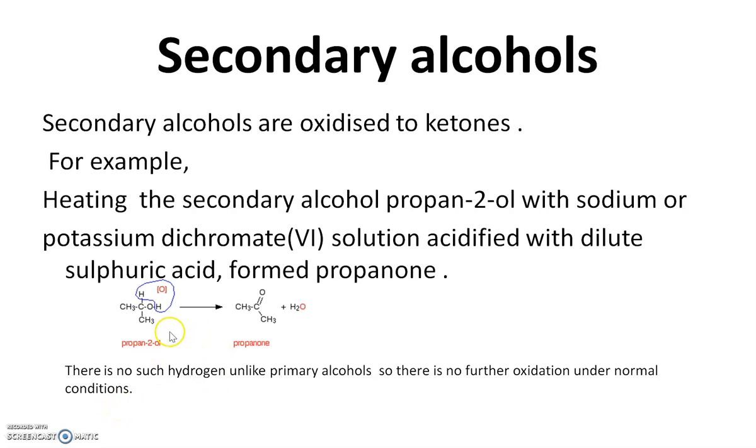Like in case of primary alcohol, first we got aldehyde and then carboxylic acid, but in case of secondary alcohol, only one product is formed, that is ketone, and ketones cannot be further oxidized under normal condition due to the absence of hydrogen connected to the carbonyl carbon. Here we don't have any hydrogen directly connected to the carbonyl carbon.